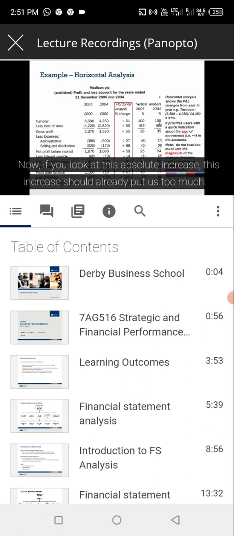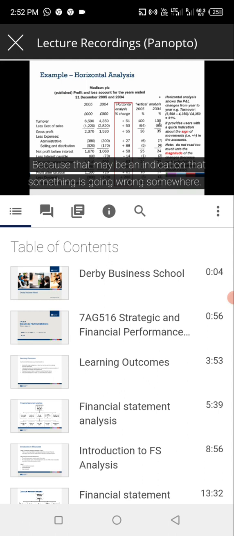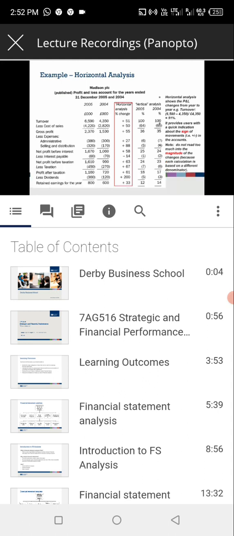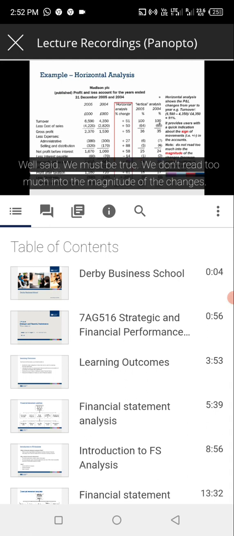Now, if you look at it, this absolute increase should not really bother us too much. Is that okay? But we need to understand why. Because that may be an indication that something is going wrong somewhere. It is when we begin to investigate. All right? We said the magnitude, we don't read too much into the magnitude of the changes.